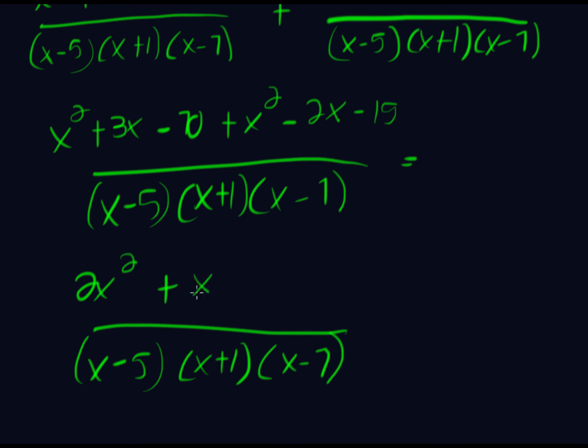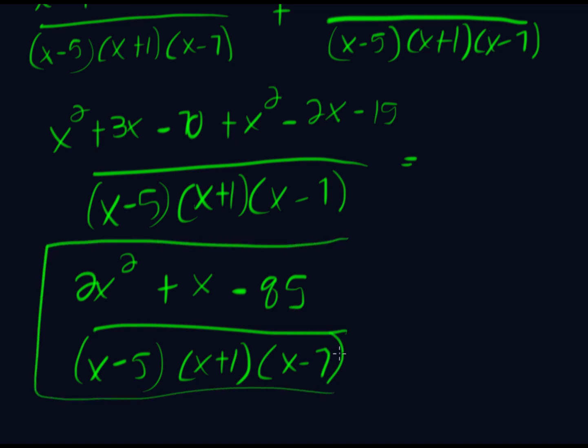And then negative 70 and negative 15 combine to give me negative 85. And that would be our final answer.